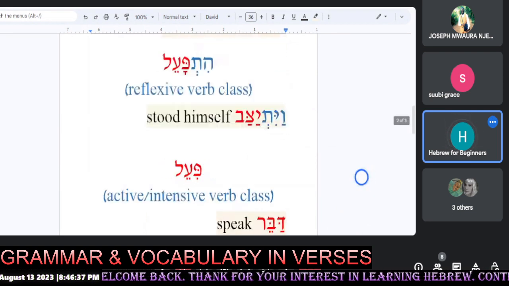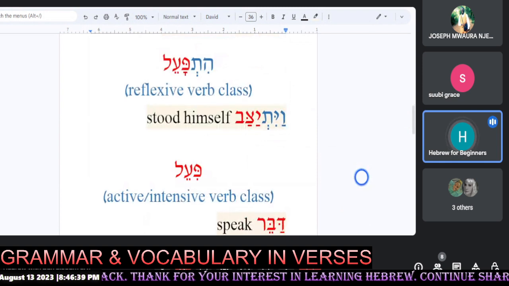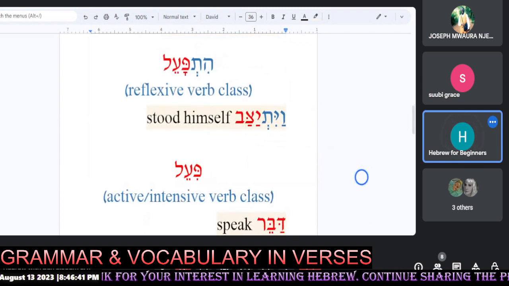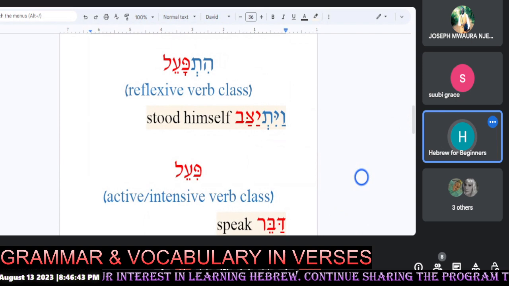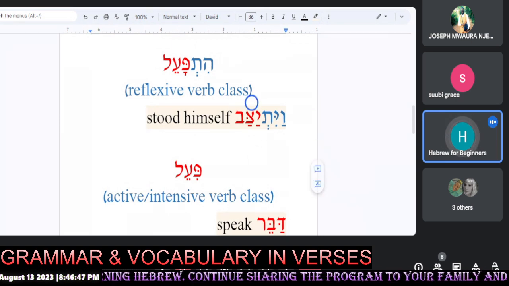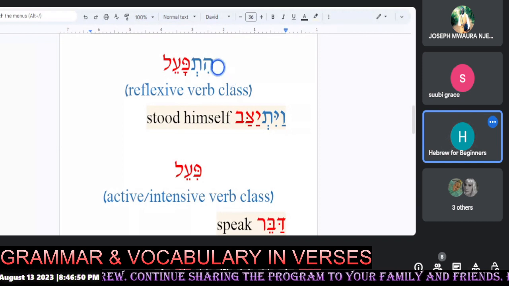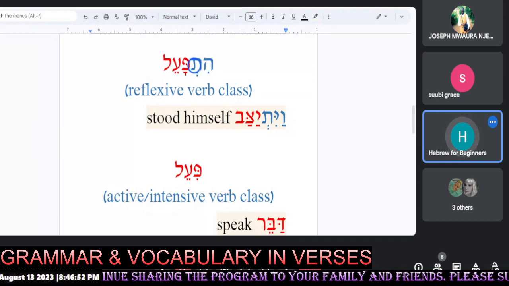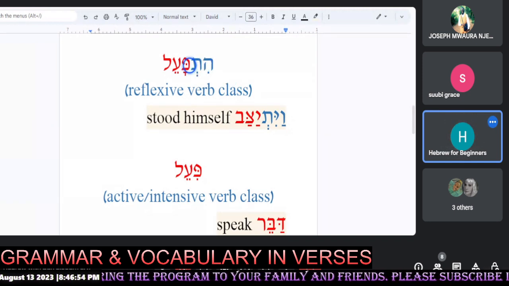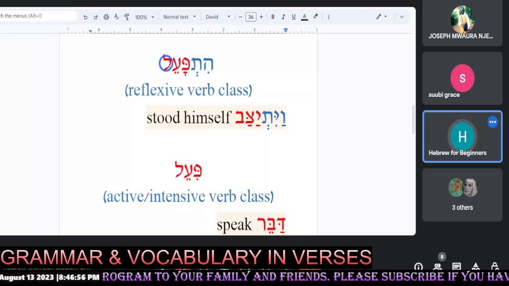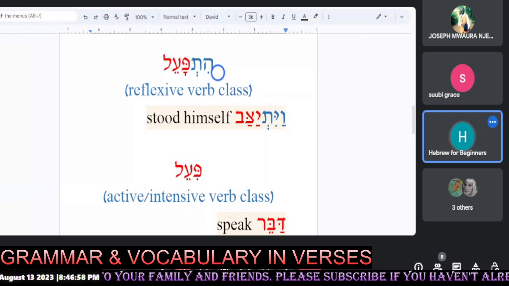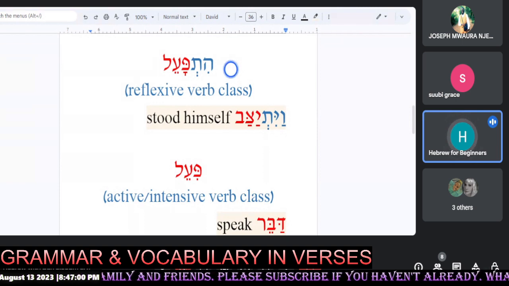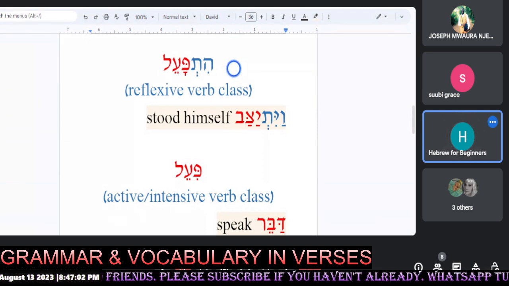Now we have a brand new verb class called the hitpa'el. So what's going on with the hitpa'el? You see that we've taken a hey and a tav and joined it to the beginning of the root, the pa'el. Hitpa'el is known as the reflexive verb class.